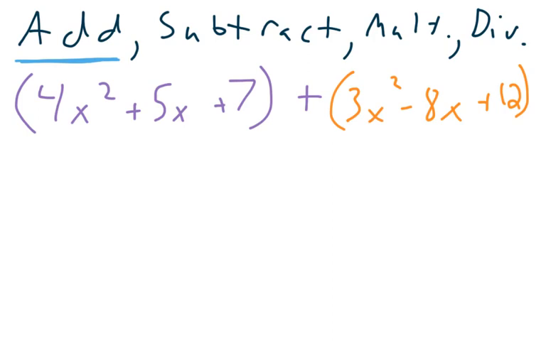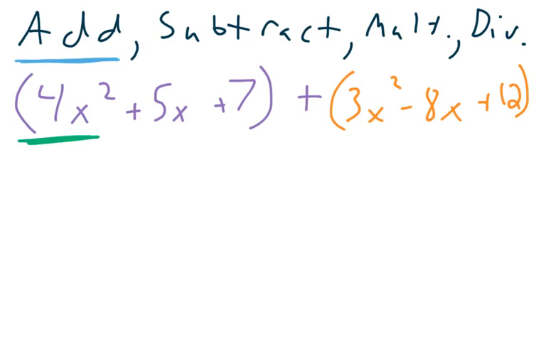You can do this. So what we do whenever we get a problem like this is we look for what are called like terms. Numbers that have the same exact letter stuck to them that can go together. So for instance, I'm going to look over here on the left side, and I have a 4x squared. So it has an x squared stuck to it.